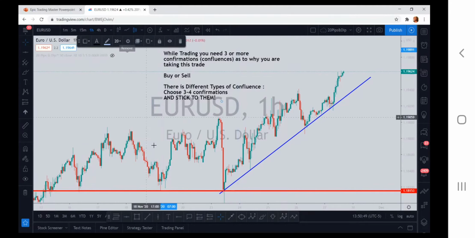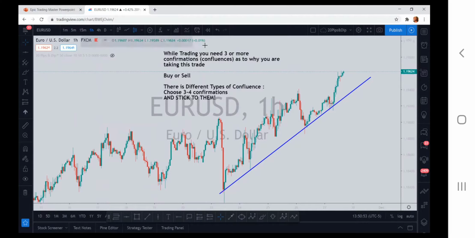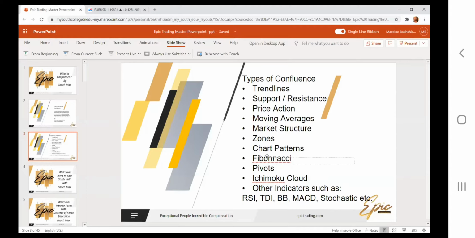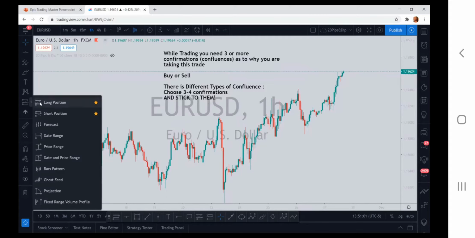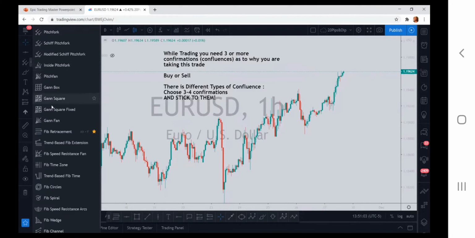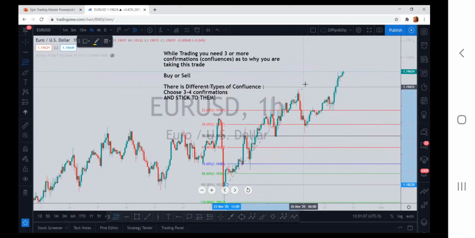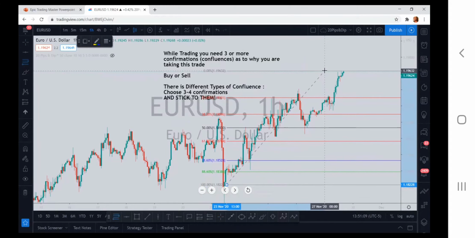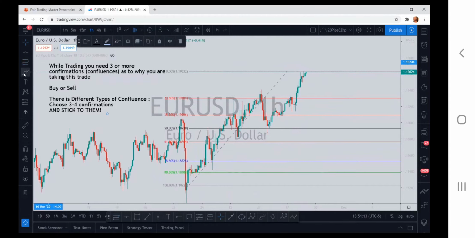So for those of you that use, for example, fibs, that's another one on the list. Fibonacci. Okay, so you might have a confluence at about price action at the 23.